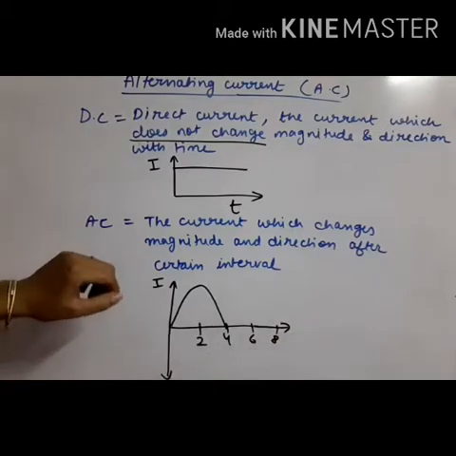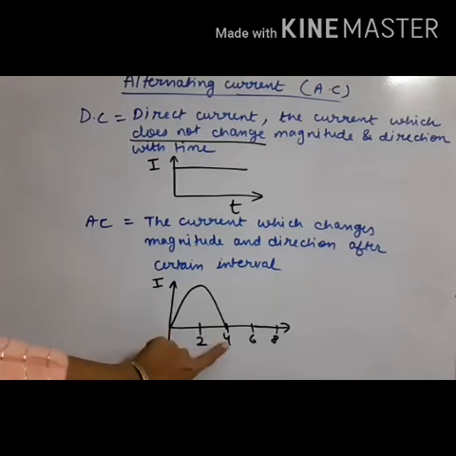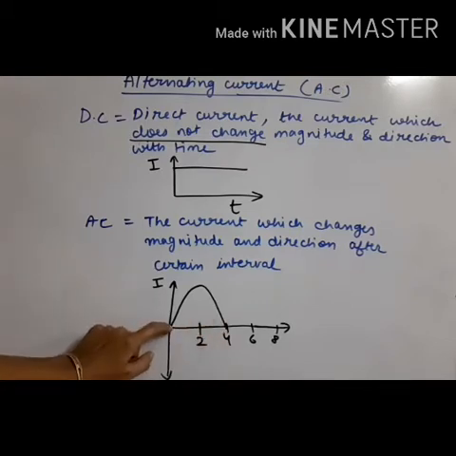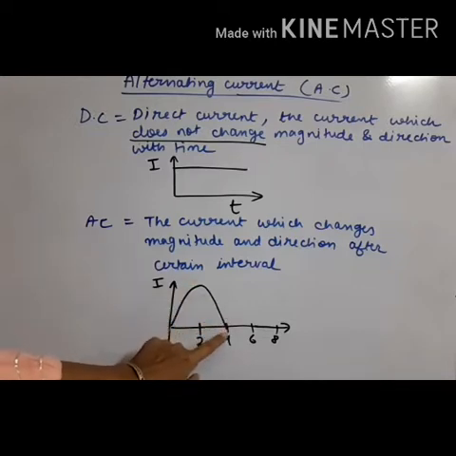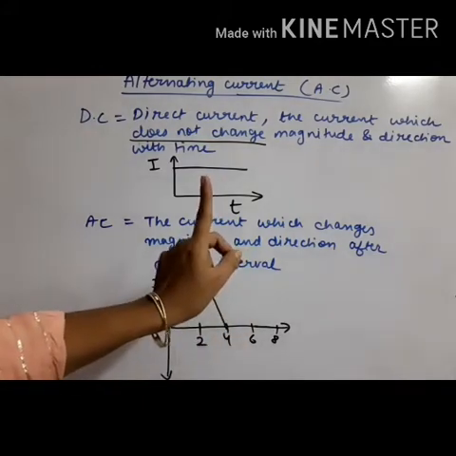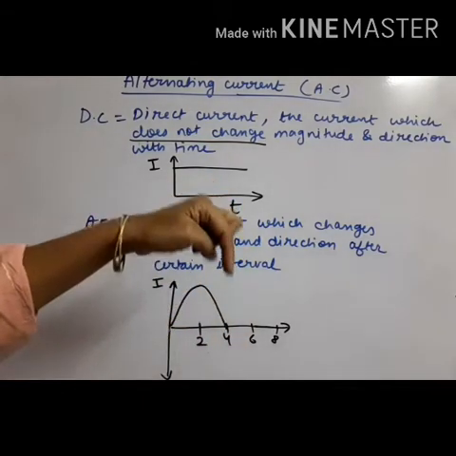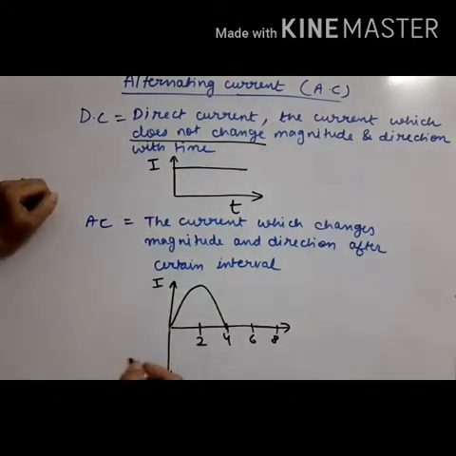So how is it happening? From 0 to 4 second, the current is flowing in the circuit in one particular direction but with changing magnitude. Just after 4 second, the current which was flowing in the upward direction has started flowing in the downward direction. Because the current has changed its direction after 4 seconds, we now have to draw it on the negative axis.